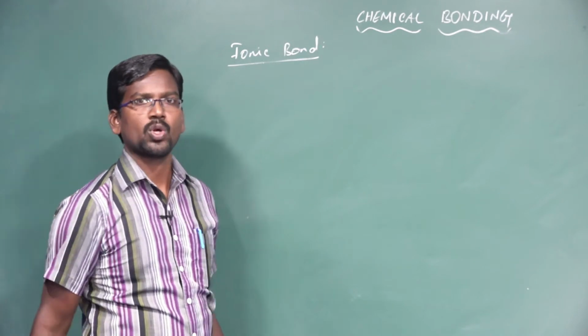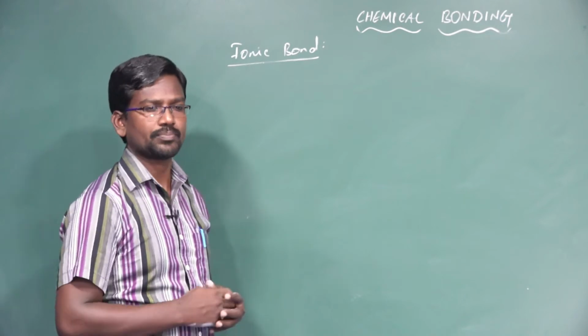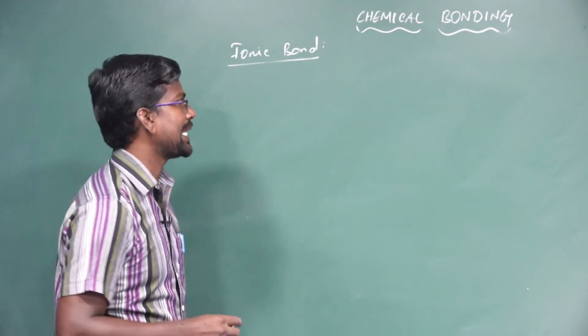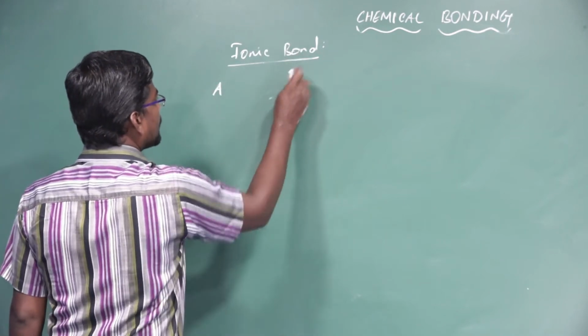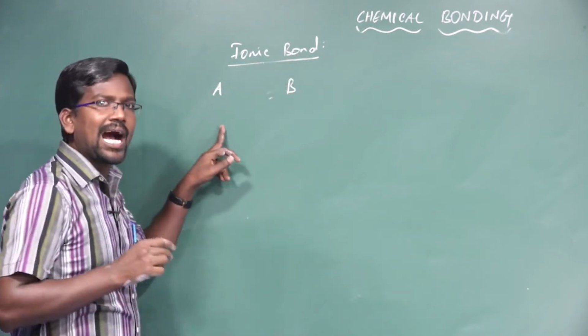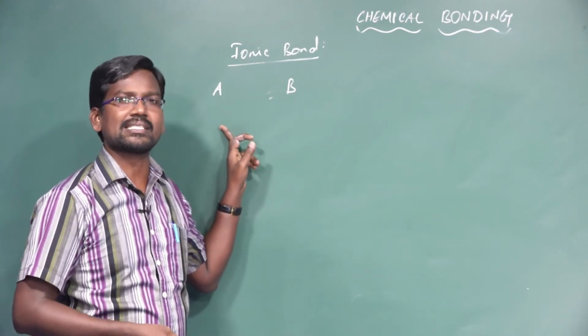For example, let us consider two atoms, A and B. Atom A has one electron in excess of the inert gas electron configuration.